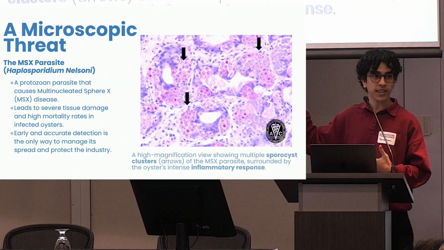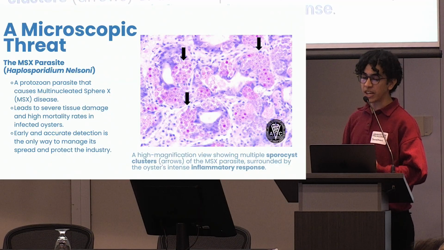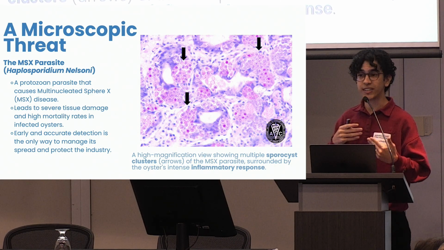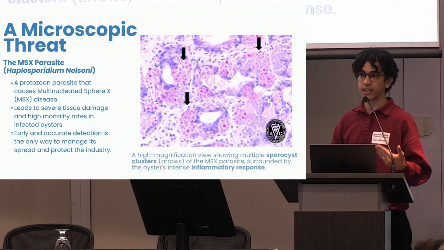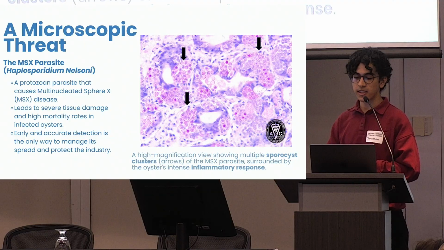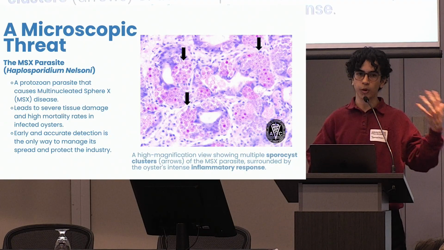That's what was causing that purple coloration in the previous slides. So this is an intense inflammation response that aims to destroy the parasite. However, it destroys the oyster tissue in the process, which ends up killing the oyster. And since there's no cure, our best defense is early and accurate detection before that disease spreads to other oysters.